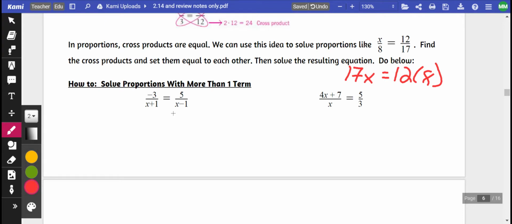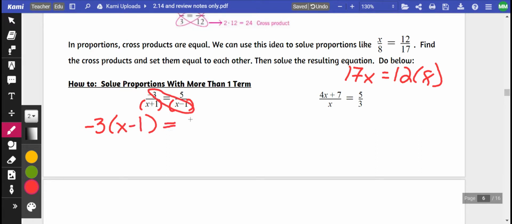These ones are a little bit trickier, but I want us to make sure that we know how to solve these. If you have part of your proportion where it has more than one term, you want to make sure that when you multiply, you put parentheses around it. So for this one, it would be -3 times the quantity x minus 1.